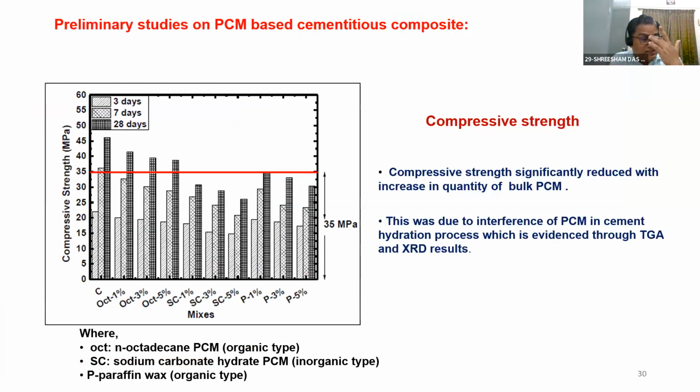When we went with the phase change material admixed into the cementitious composite, we realized I have to go ahead with a phase change material which gives me at least 35 MPa compressive strength. Otherwise, I cannot go forward. So 35 MPa was chosen as a benchmark.